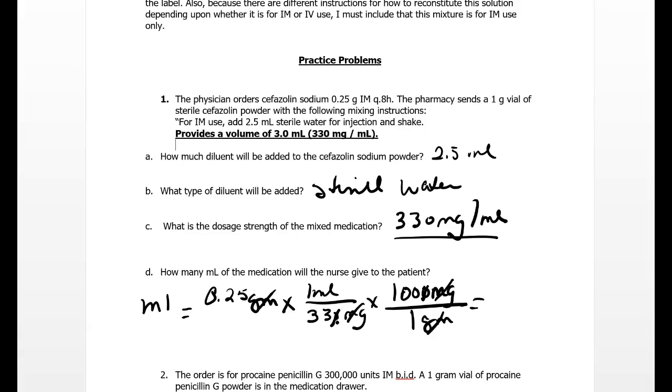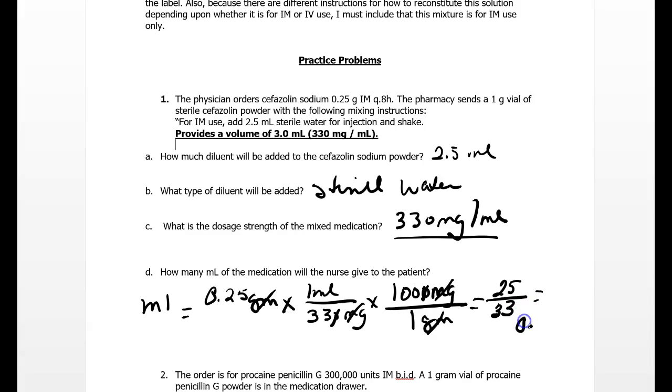So we end up with 0.25 times 100 is 25, and we're going to divide that by 33, which equals 0.7575 and on out.